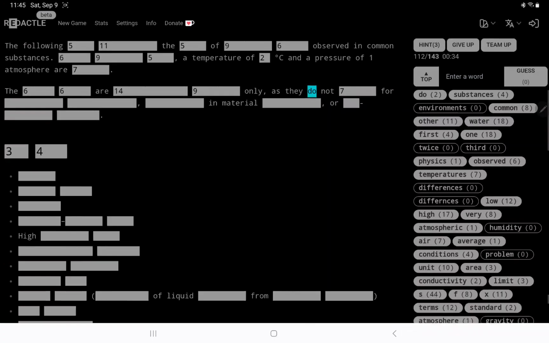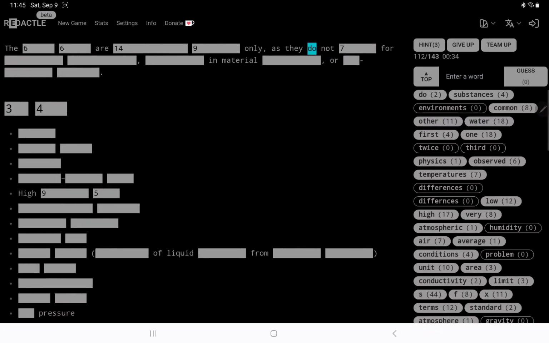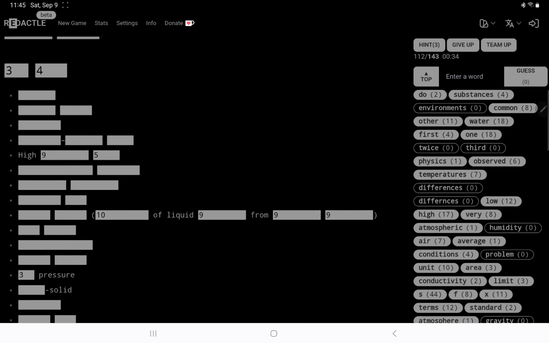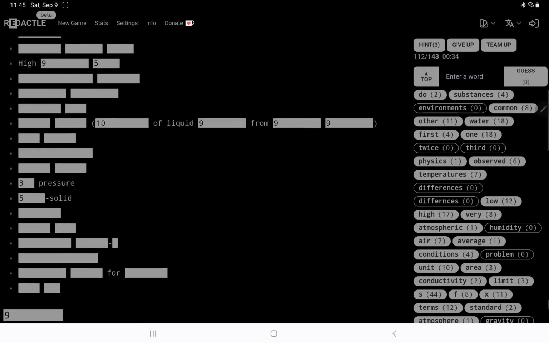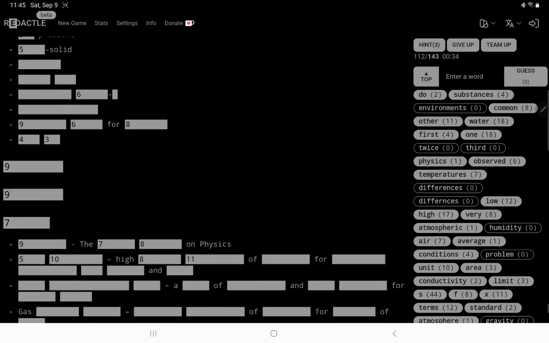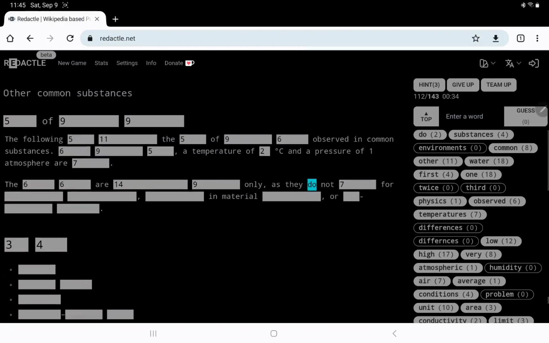See also high 9, 5. Something pressure, something solid. And then we're down in that section.